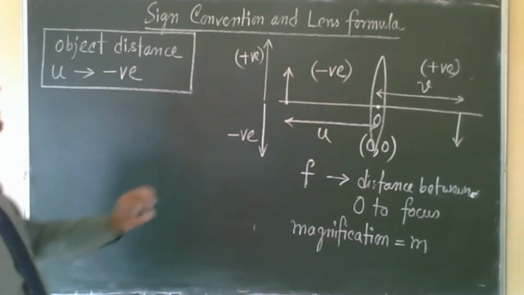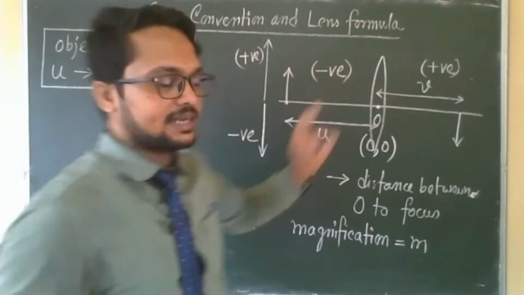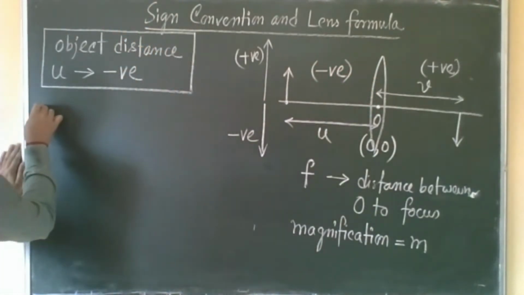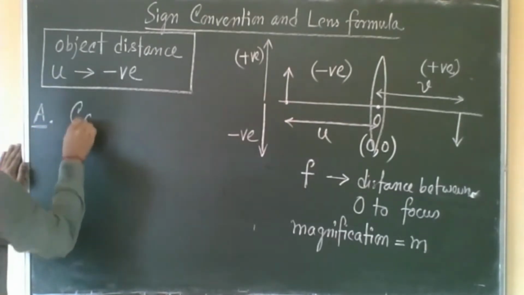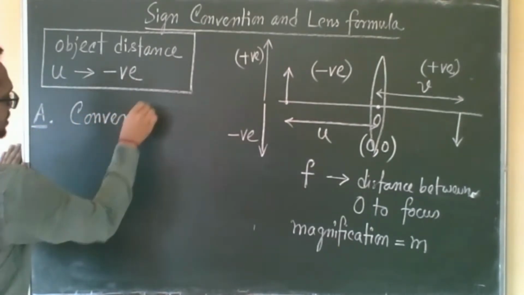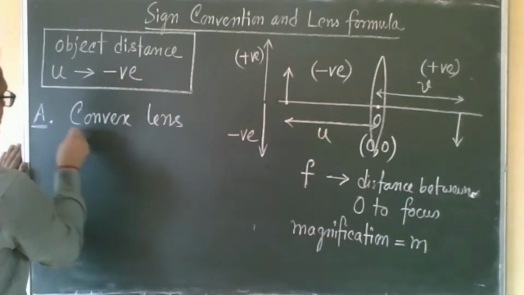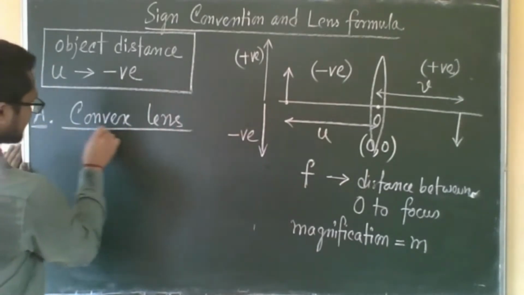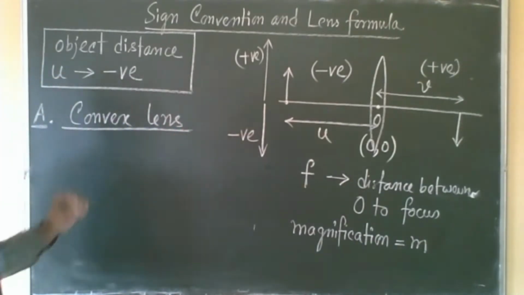For image distance, let's take the convex lens first. For a convex lens, we can get both real and virtual images.